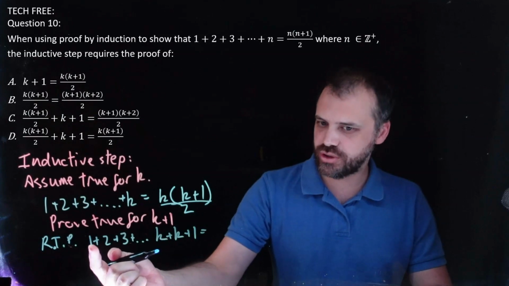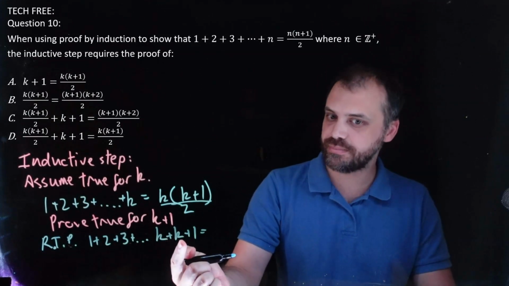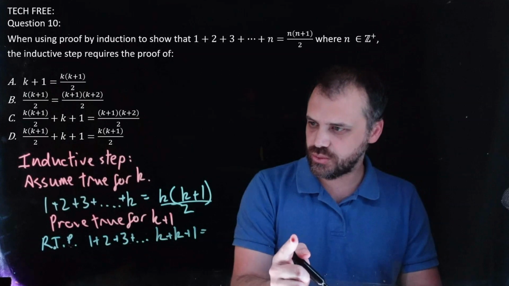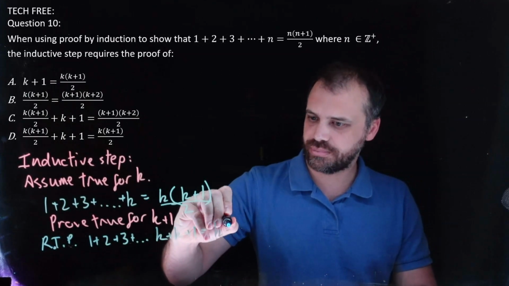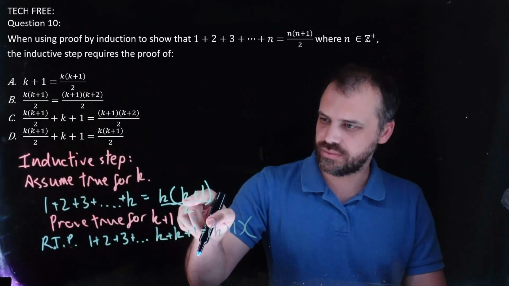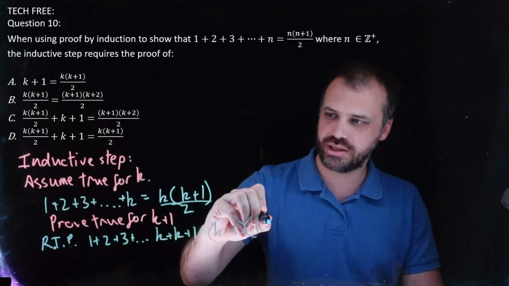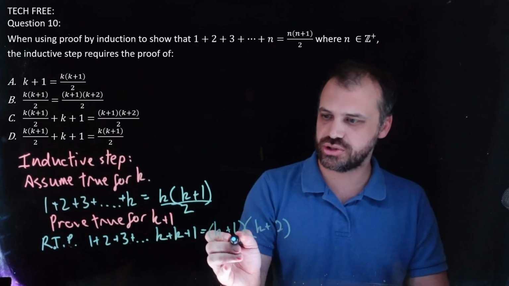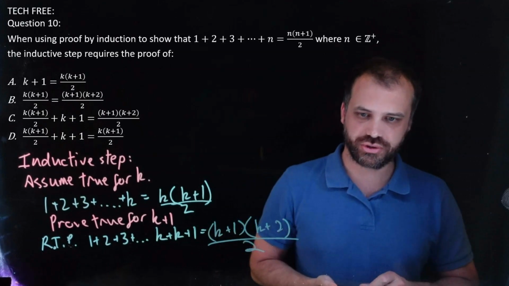So it's required to prove that 1 plus 2 plus 3 plus ... plus k plus 1 equals (k+1) with k replaced by k+1, so (k+1)(k+2)/2.